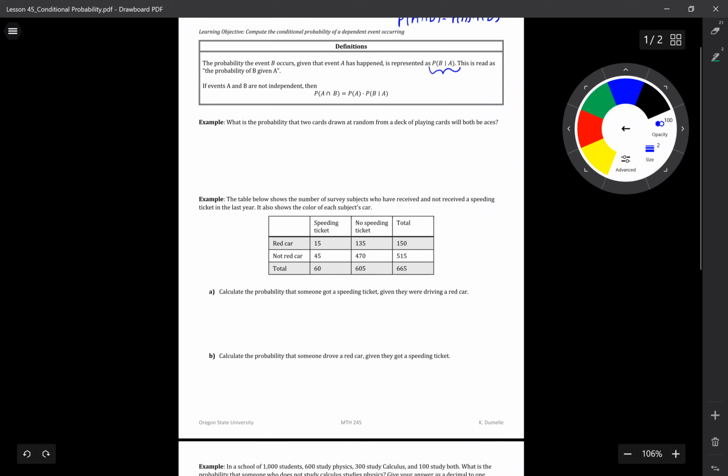Let's look at the first example. What is the probability that two cards drawn at random from a deck of playing cards will both be aces? So we are dealing with the probability that the first card is an ace, and we also want that the second card is an ace.